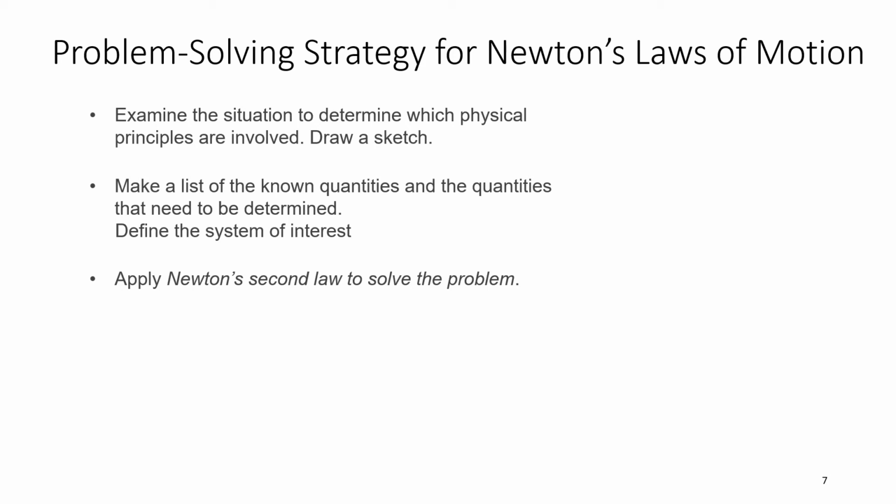If the acceleration is zero in a particular direction, then the net force is zero in that direction. Similarly, if the acceleration is non-zero in a particular direction, then the net force is described by the equation Fnet equals ma.